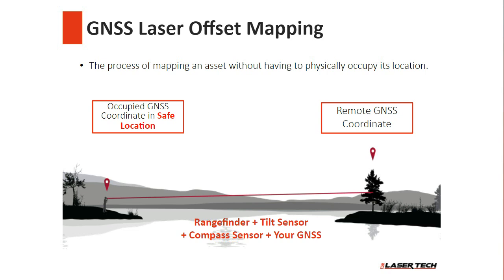And then, as Derrick mentioned, some of our models have a compass on them as well. So that's how you establish the remote coordinate for the point you're after. You know where you are, you apply either distance and azimuth or a couple of distances, and you can generate a coordinate for that remote position. So that's what we're talking about when we mention a laser offset.